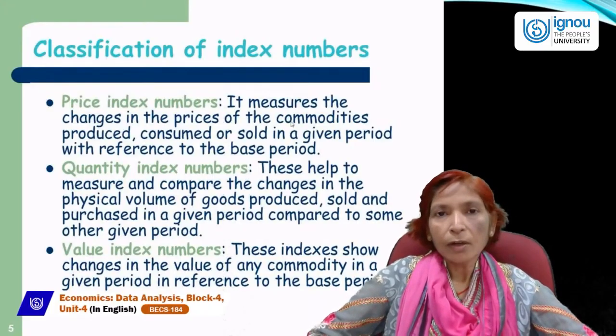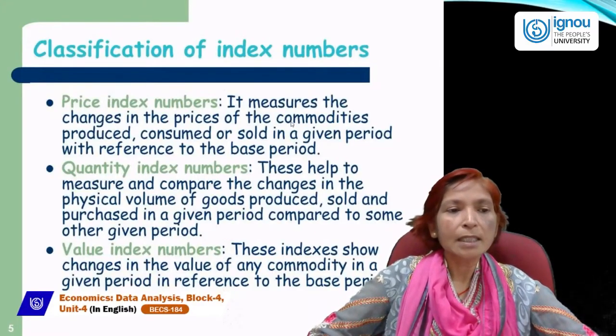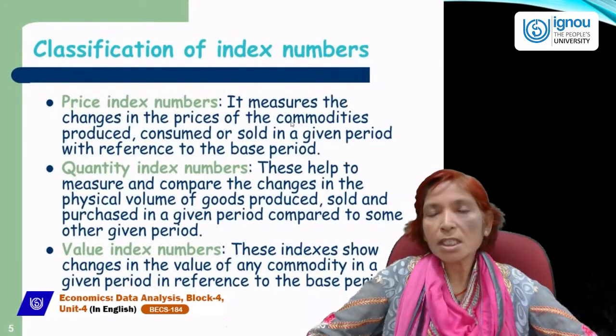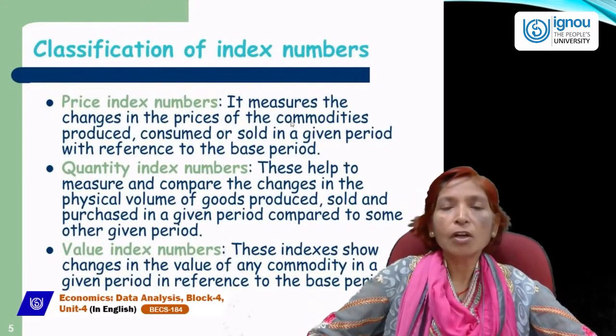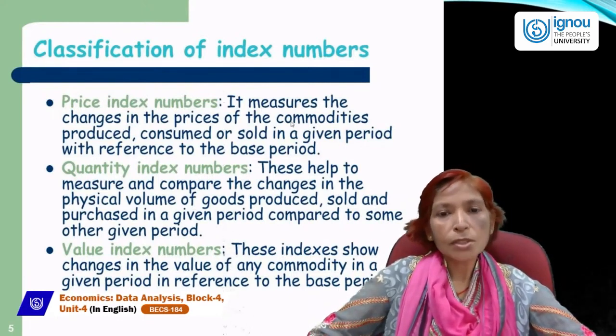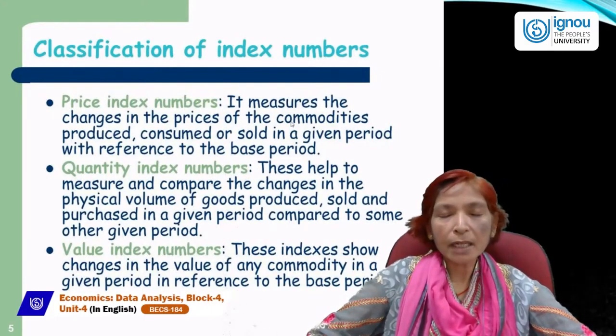If we compare the price of the base year and the current year, then we will say it is a price index number. It measures the changes in the prices of the commodities produced, consumed, or sold in a given time period with reference to the base period. The base period is a previous year period.